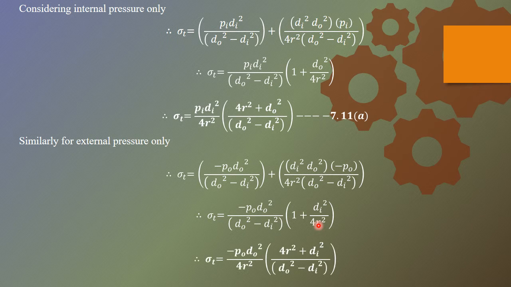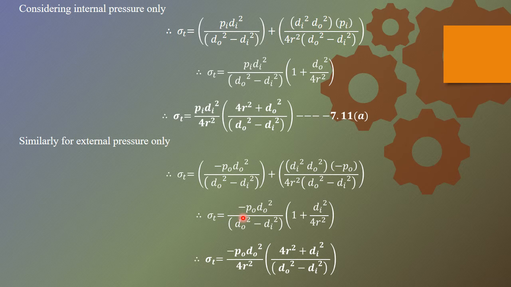Okay, and this is the expression given in our design data handbook. As per the design data handbook, I think it is not exactly given. So this is the expression for tangential stress considering only the external pressure.